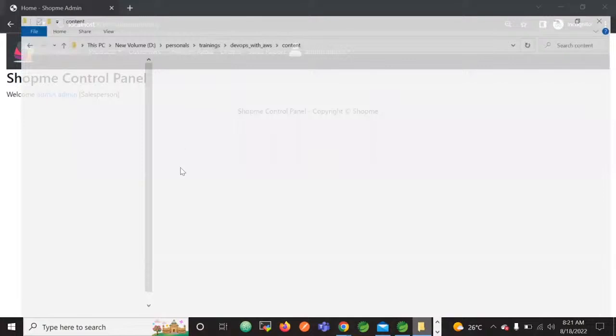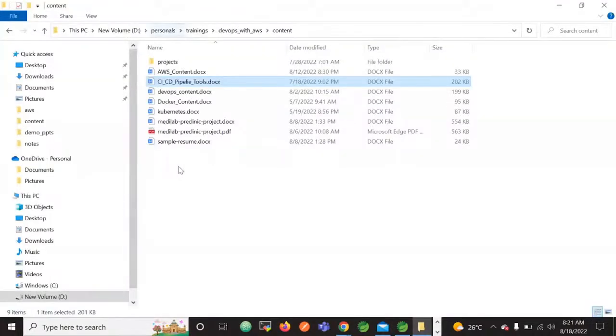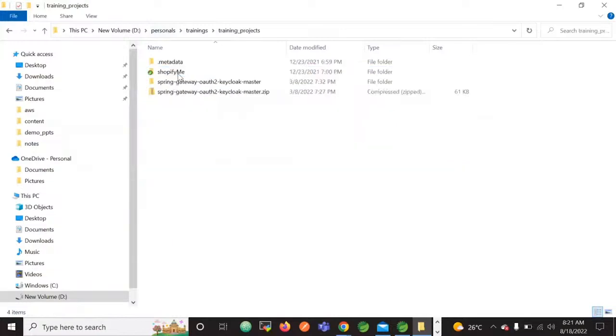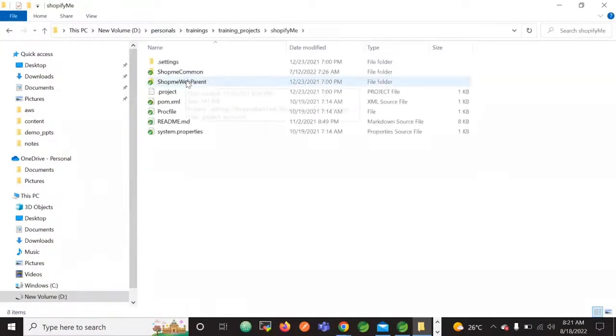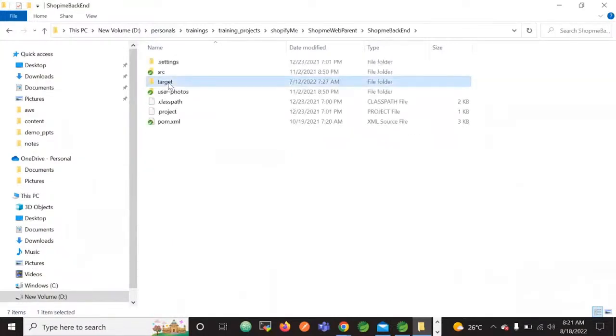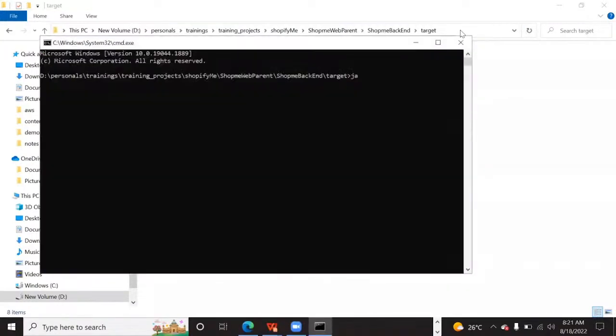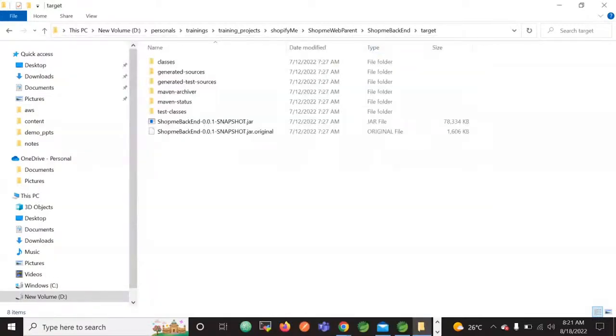Just out of curiosity, to showcase what the meaning of a project is in my opinion, let me quickly run this application, to explain what an application is and how it is comparable to our production architecture. Give me a moment till this application starts.